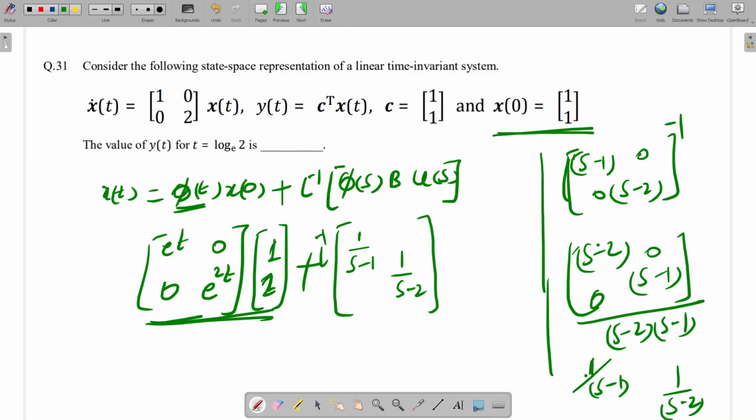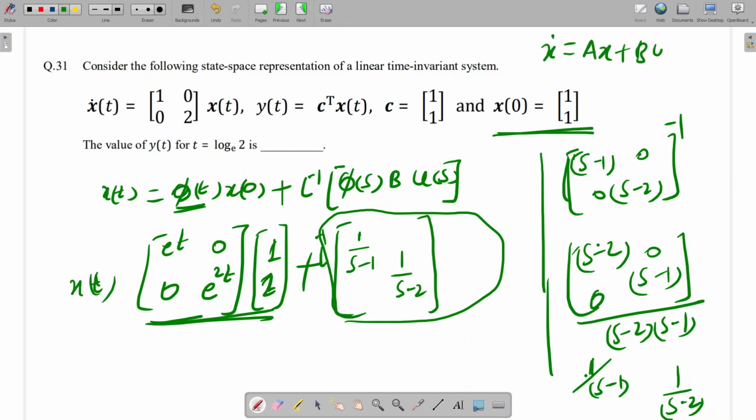X dot is equal to Ax plus Bu. I think B is 0 maybe. B is not given, which means this term will be 0. We should take care of this.